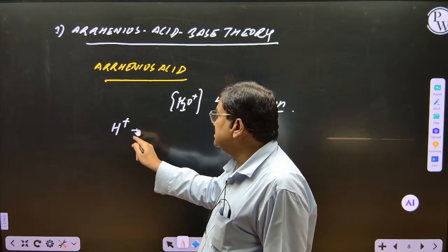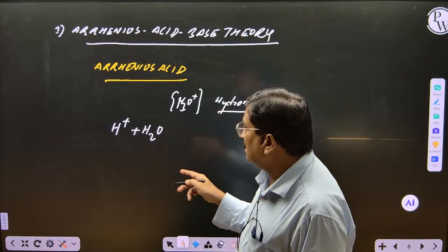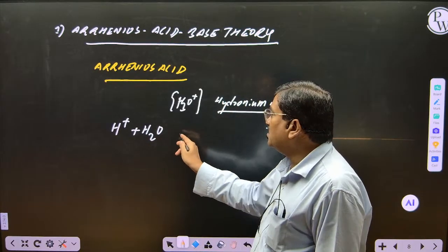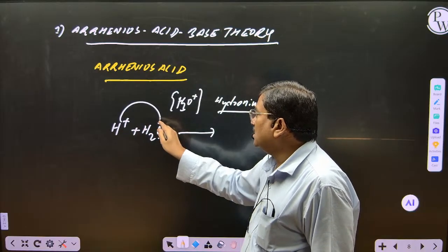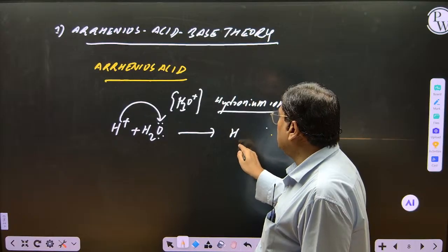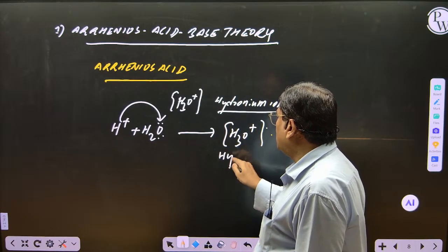So it will combine with a water molecule. Later you study chemical bonding, a dative bond, a coordinate covalent bond will be formed. This will accept the proton and convert into hydronium ion. What is the name of this ion? Hydronium ion.